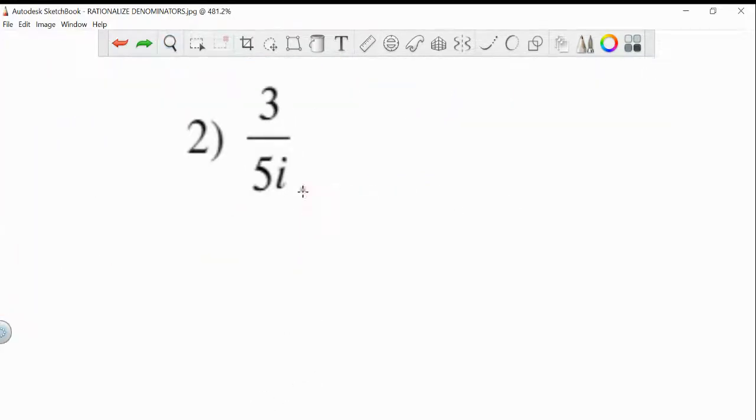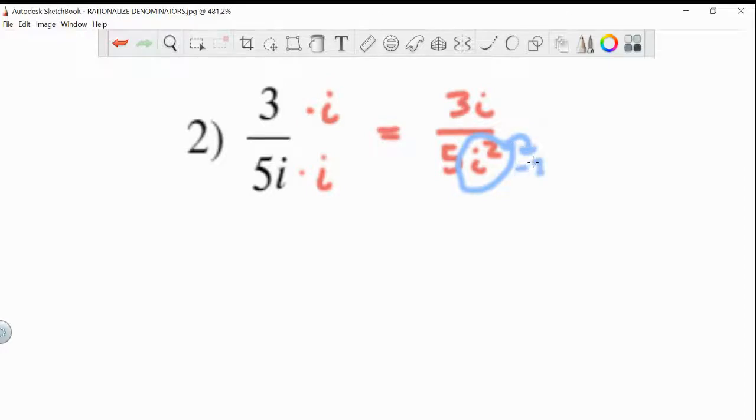Now we have a very easy strategy, right? Multiply by i, that's easy peasy. Then we have the i squared, which gets swapped for a -1. So we get 3i over -5. And that is a good enough answer for scratch work.